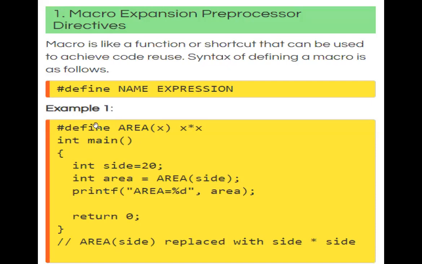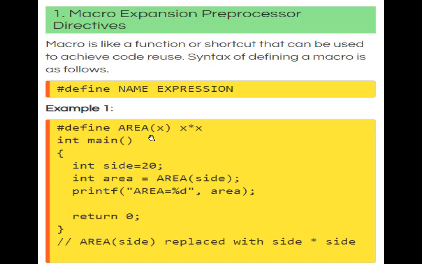For example, if I want pi in my program, I can write hash define PI 3.142. I can then use that PI in any part of main. That is the use of macros.